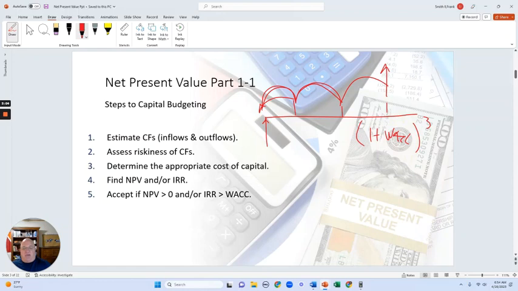So anyway, we'll find the net present value or the internal rate of return. And ultimately what that means is, if the value of these cash flows brought back through time is greater than the money we actually put into it, it will have a positive net present value and we will invest in the project.